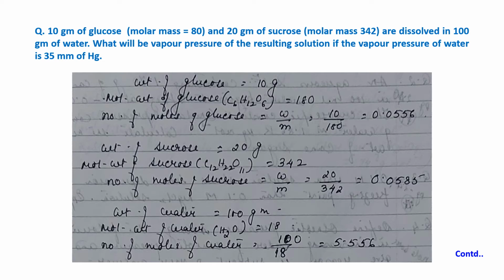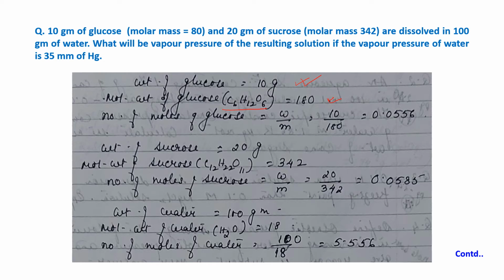So what you have to do? First, you have to find out the number of moles of all the things, that is glucose, sucrose and water. Let me start. Weight of glucose is 10 gram given, and molecular weight of glucose, that is C6H12O6, is 180.